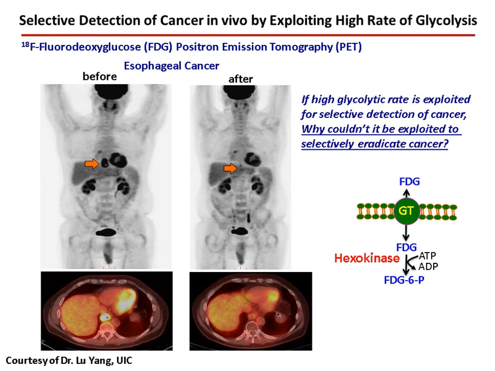This is because, unlike glucose, FDG cannot be further utilized in glucose metabolism. In fact, the FDG PET scan is more dependent on hexokinase activity than on the glucose transporter, because glucose transporters are often bidirectional. So if FDG cannot be phosphorylated, it cannot be trapped inside cells.